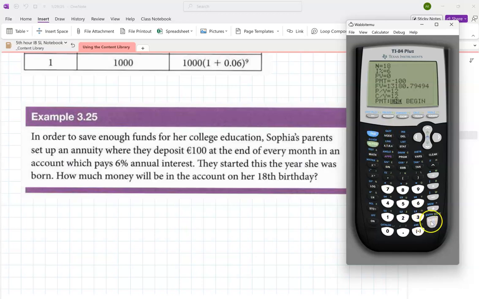And if I do my future value there, I get not the same number that the book had when they did that. Why not?